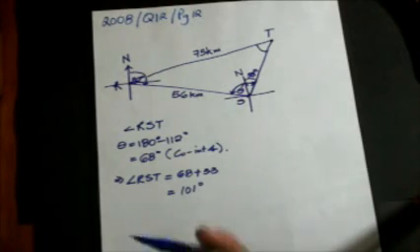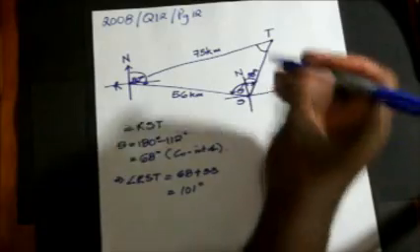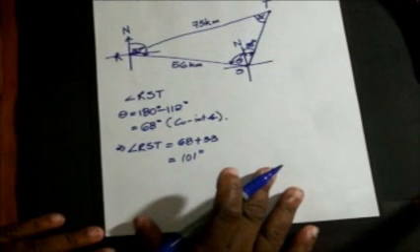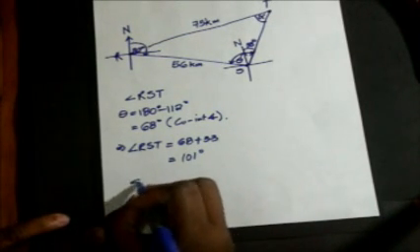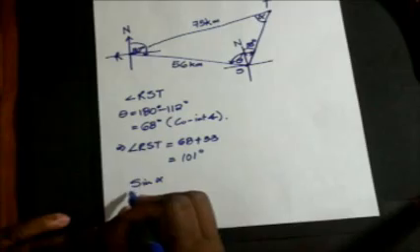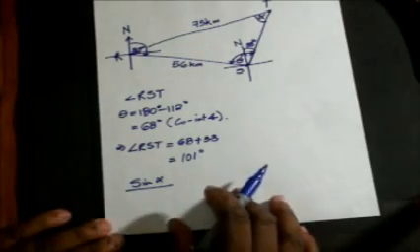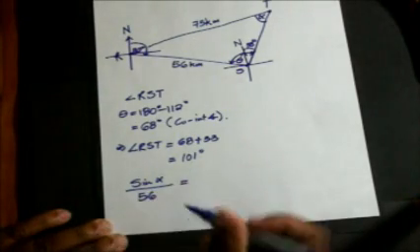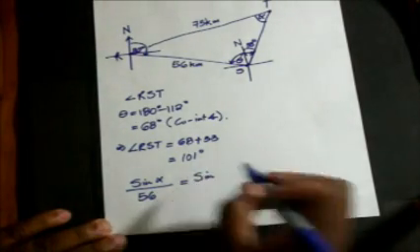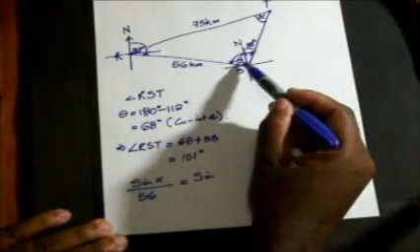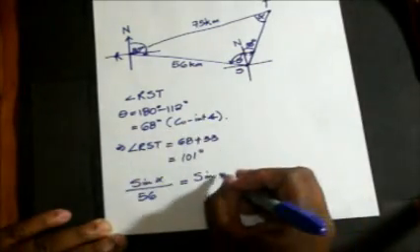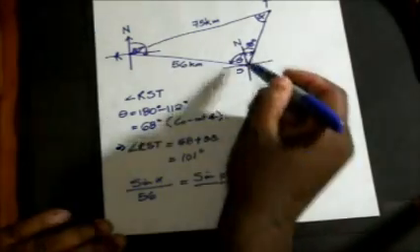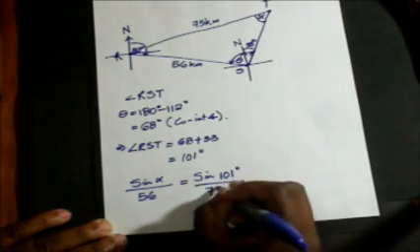Alright, we want to find angle RTS. Let's call this angle alpha. Ladies and gentlemen, applying the sine rule, we could say that the sine of alpha over the side opposite to angle alpha, which is 56, is equal to sine of the only other known angle, which is 101 degrees, over the side opposite to that, which is 75 kilometers.